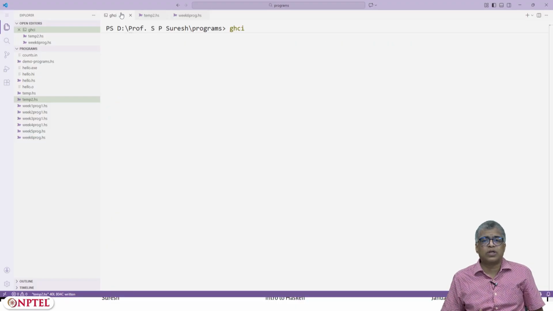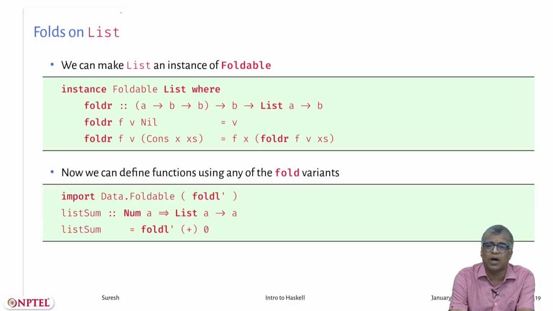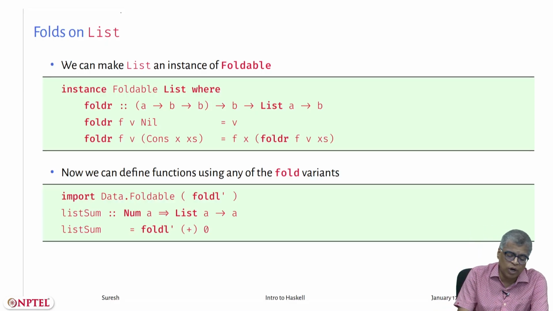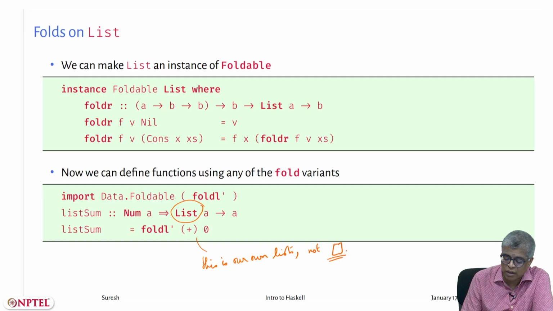Okay, so let's return to the slides. Right now I can do list sum, for instance, and the moment I do foldr, every other definition is available to me, all other folds. So I can do foldl' for instance, and list sum, and this is a List a, not the built-in list given by square bracket a.